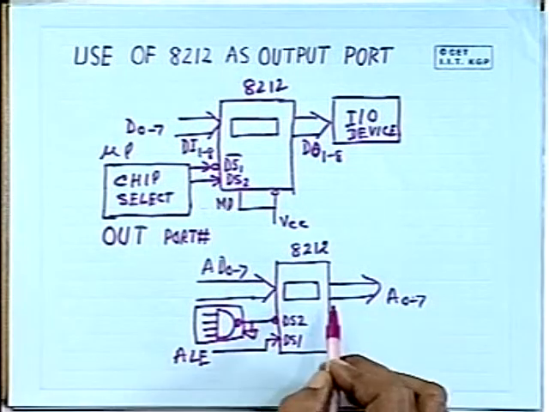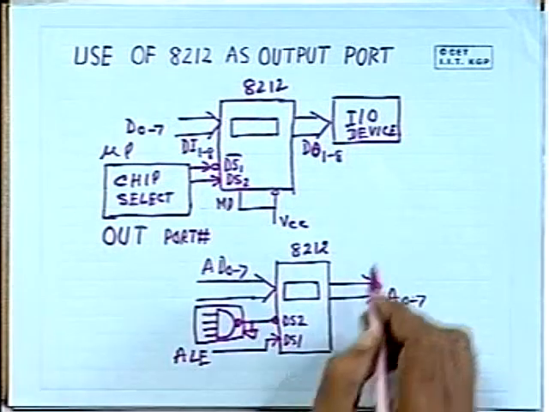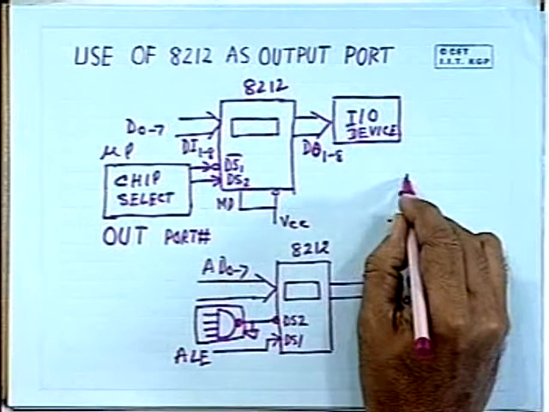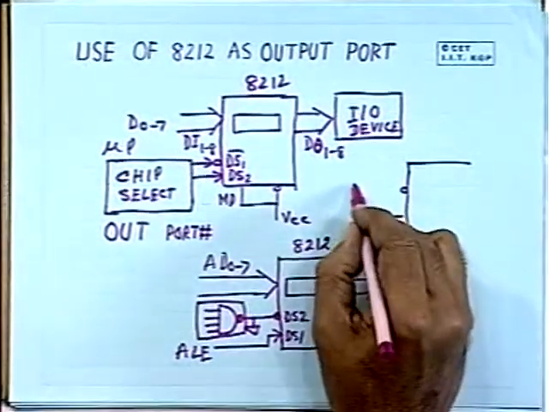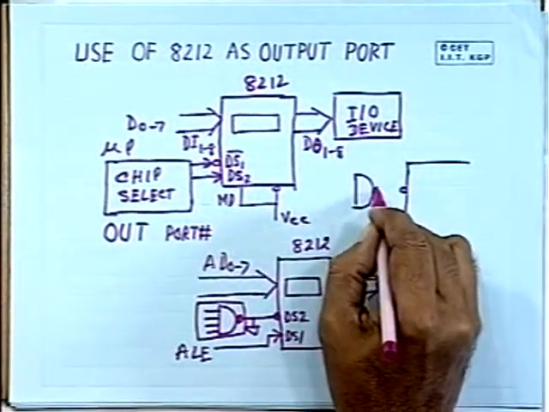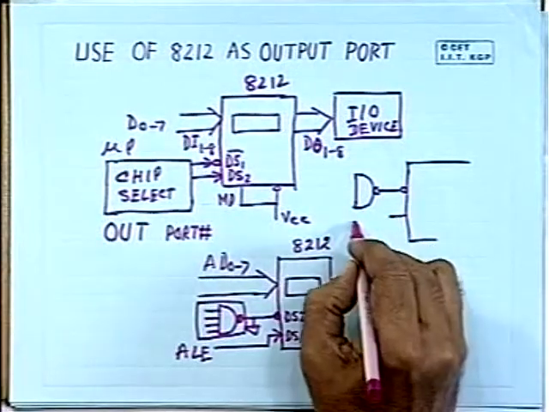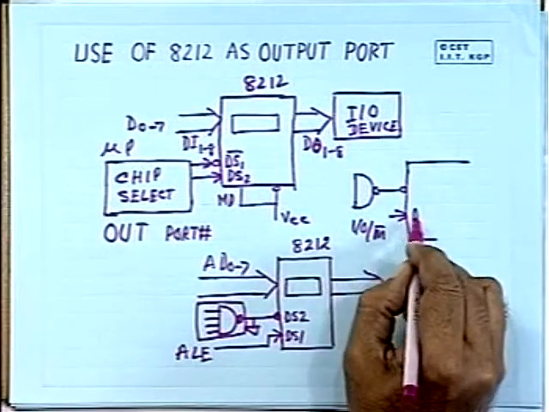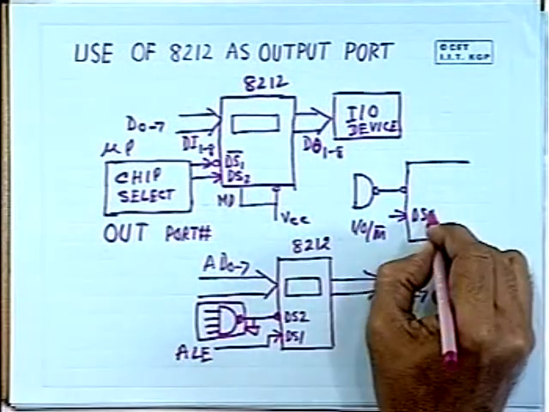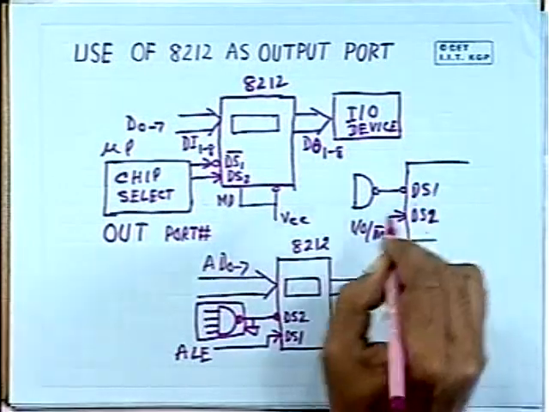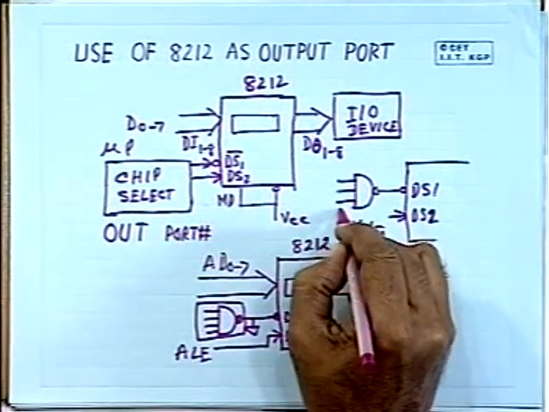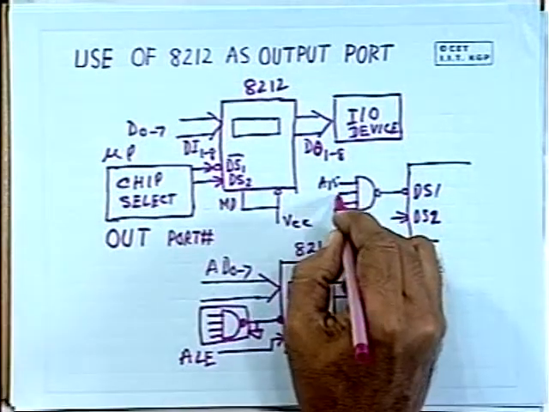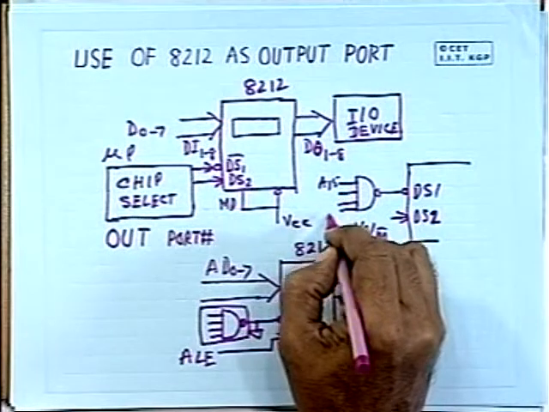On the other hand, if you want to use it as an output port, then I am trying the DS2 line and the DS1 line separately here. We can use a simple gate, say IOM is connected to DS2, and the DS1 line is connected to some address lines, say A15, A14, A13 and A12.